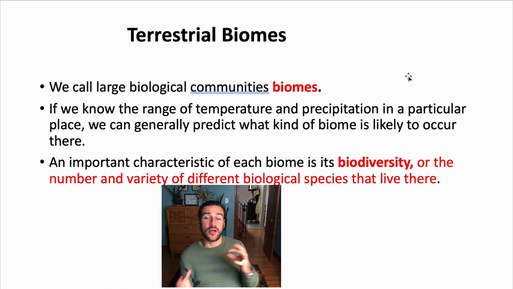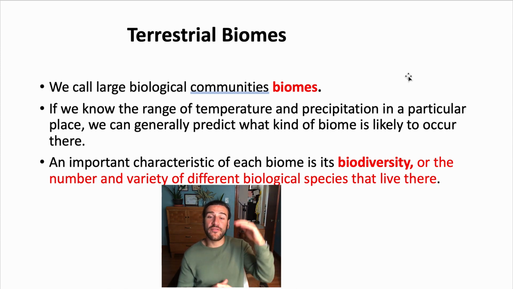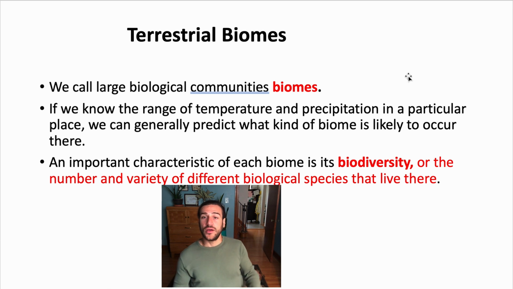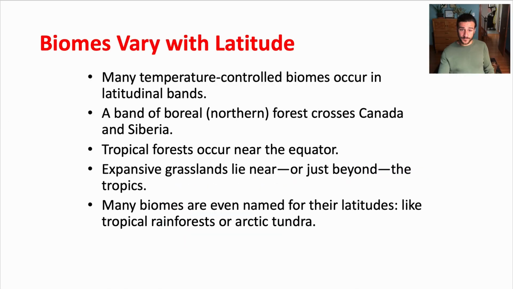So here we're looking at colder ecosystems further away from the equator, and you will see these patterns. A general pattern is that the further away from the equator, biodiversity is going to go down. That's not to say there are not amazing adaptations that have evolved in species that live in these different latitudes.